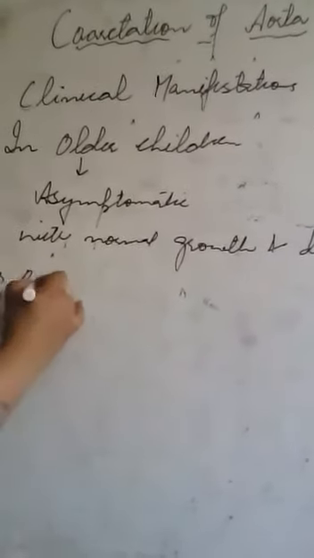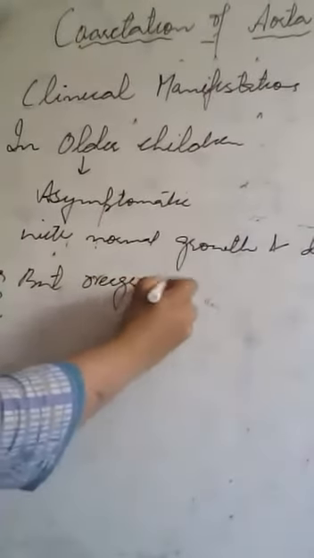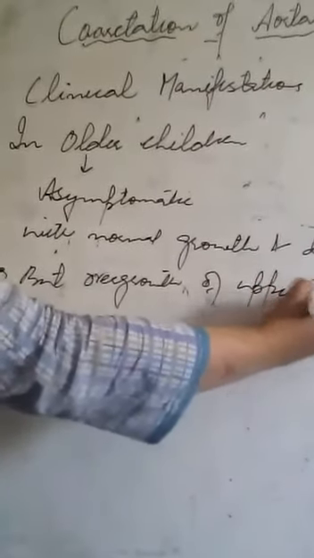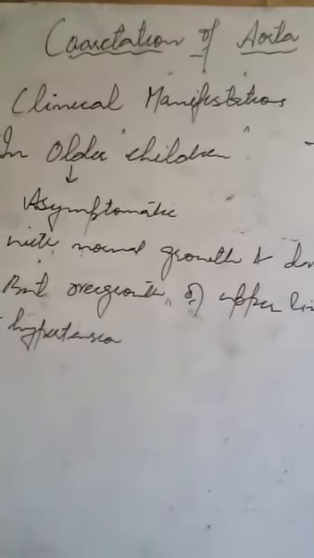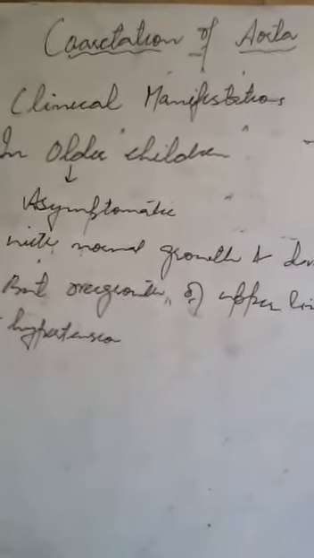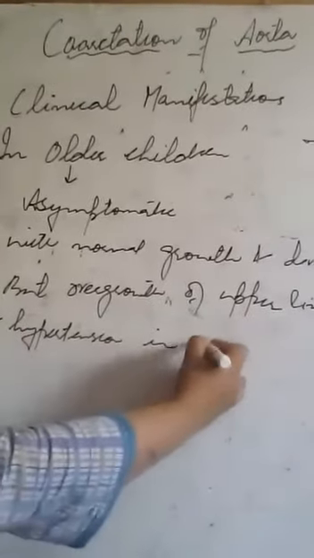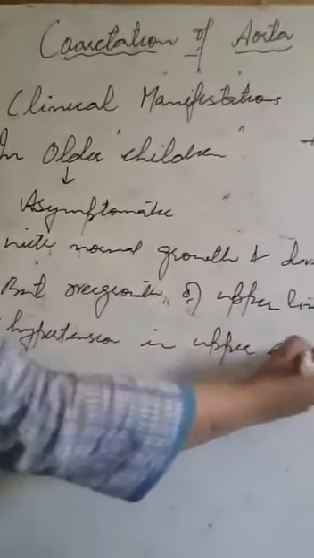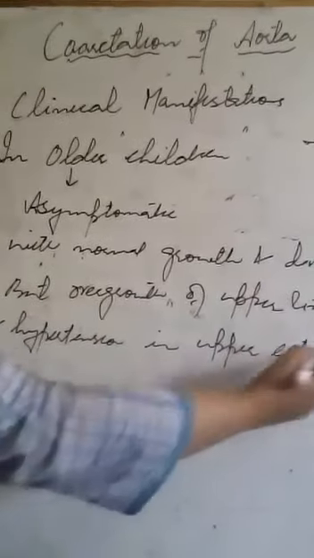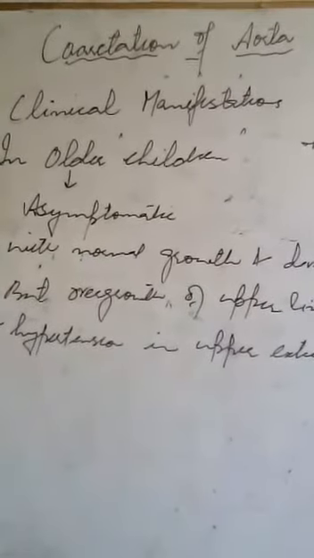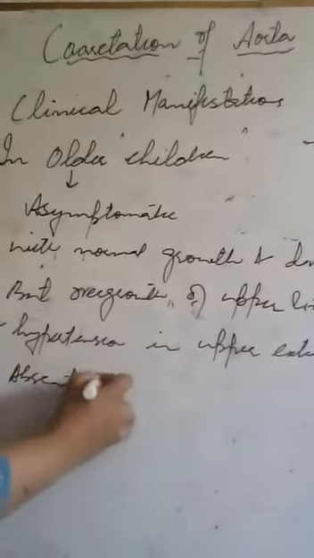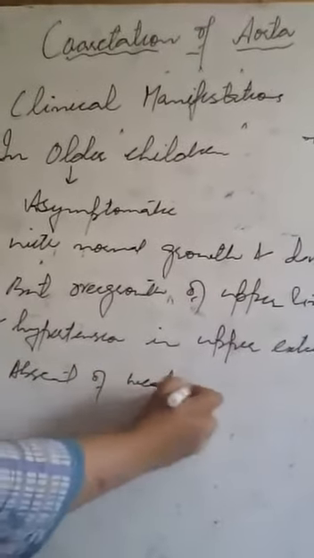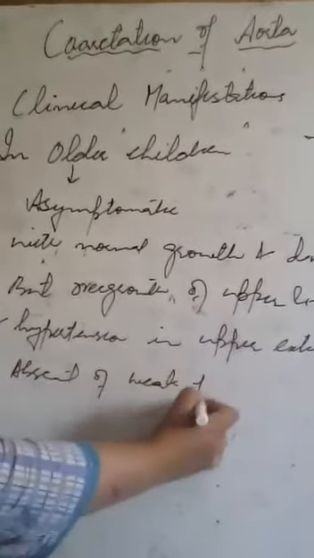But overgrowth of upper limbs and hypertension may also be present, usually in the upper extremities, and there may be absent or weak femoral pulse.